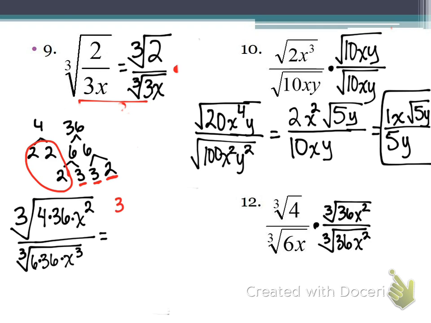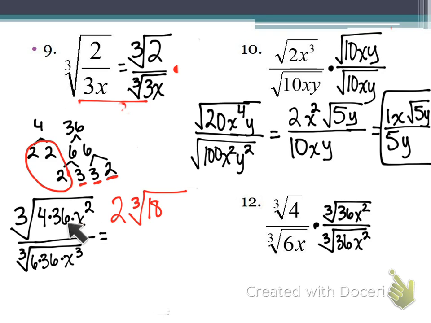So, in our numerator, we have the 2 coming outside. Cube root of what's staying in? 3 and 2. 3 times 3 times 2 is 18.